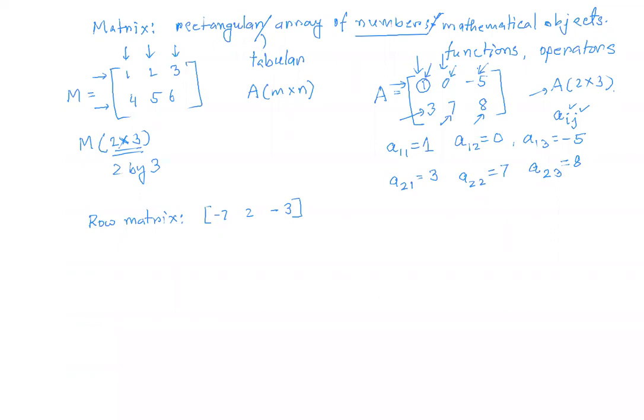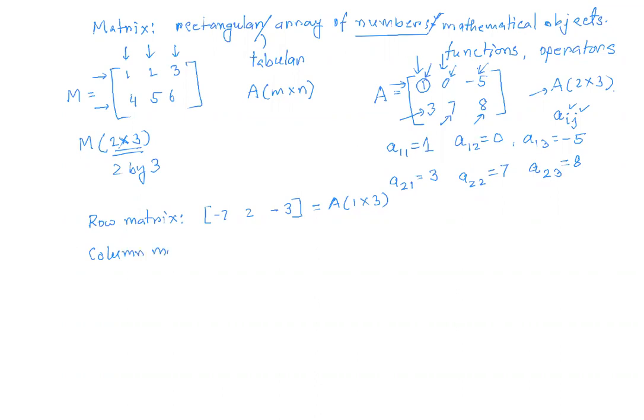Now, column matrix, similarly, it just has a column. Okay, so this is, by the way, let's call it matrix A. So this A is a 1 by 3 matrix. It's a row matrix. On the other hand, there is something called column matrix.